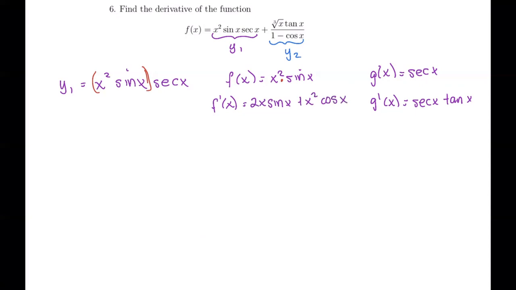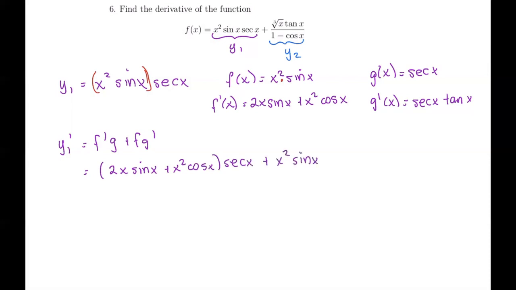Okay, so now once you have that, then y1 prime, of course, using the product rule, f prime g plus f g prime should have been f prime, which is 2x sine x plus x squared cosine x, times g, which is secant x, plus f, which is x squared sine x, times g prime, which is secant x tangent x.